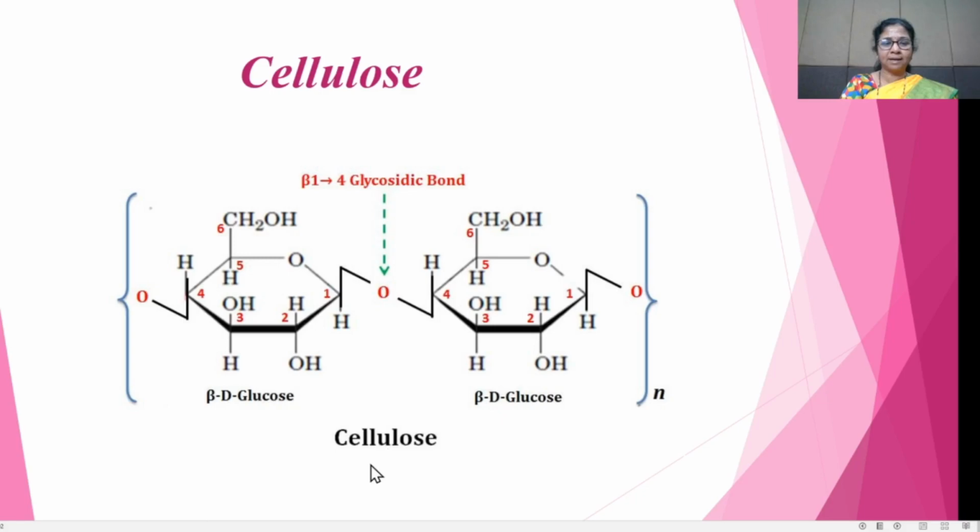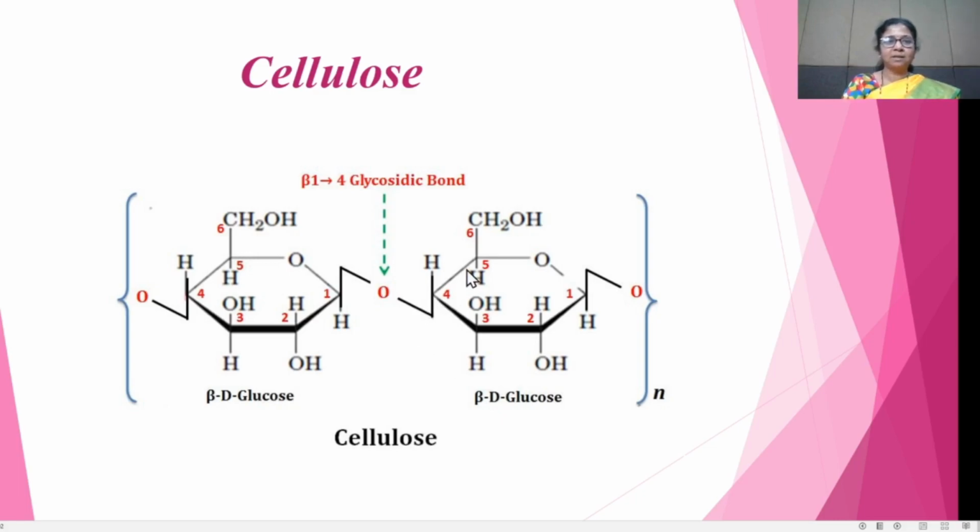These are polysaccharides. Cellulose is a polymer of the beta D glucose molecule, and in cellulose there is the formation of the glycosidic bond by the beta 1,4 glycosidic linkage, because here the beta OH group from carbon number 1 and here carbon number 4 having the OH group.